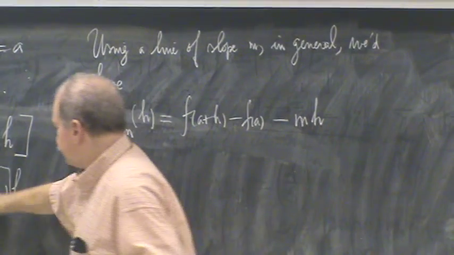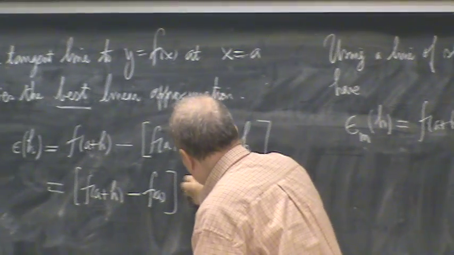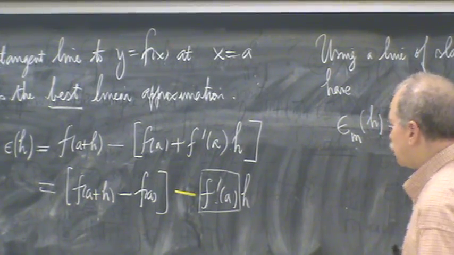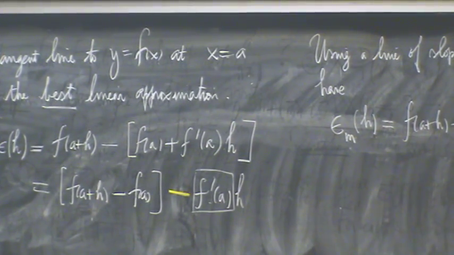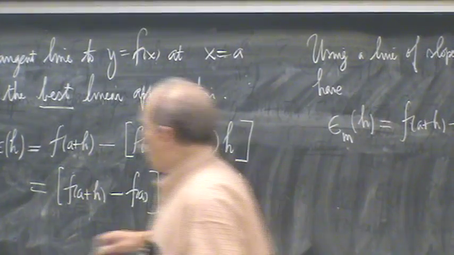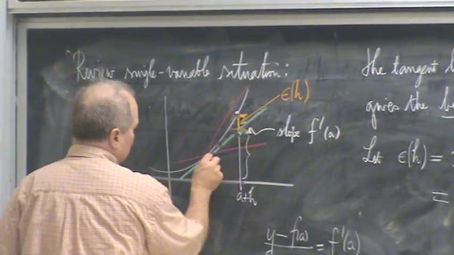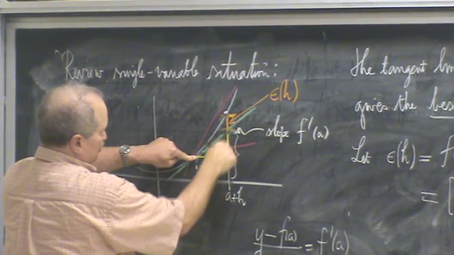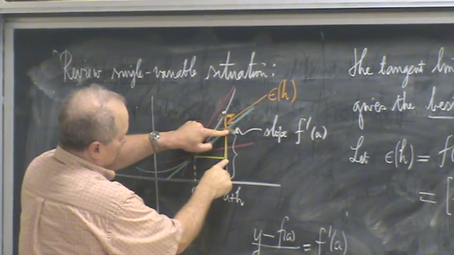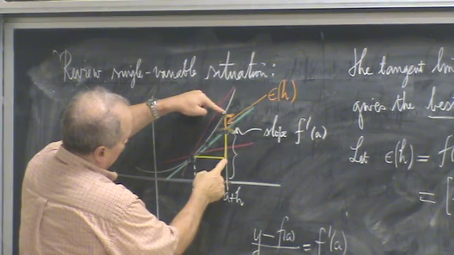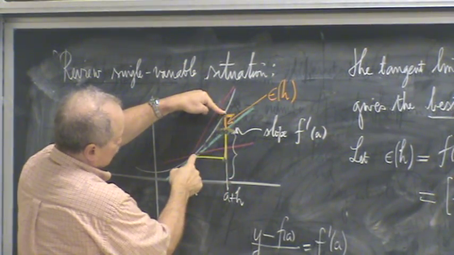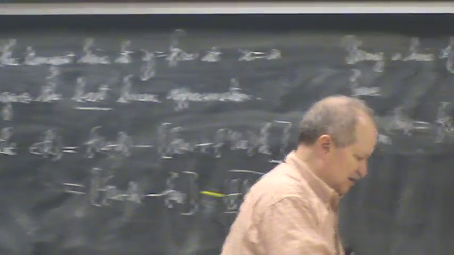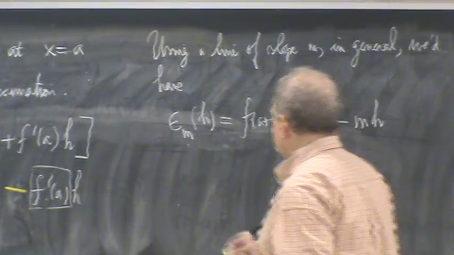Oops, I screwed up, I forgot the minus here, very important. The slope times h is what I'm using to approximate the height from here to there, the change in f. Sorry, so that minus is a typo there.